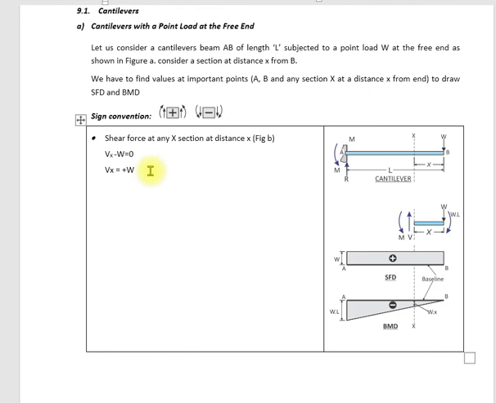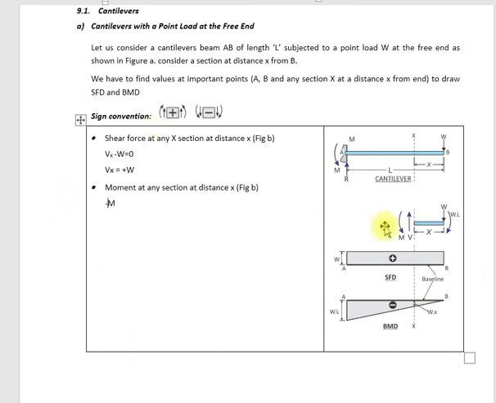Now we will see bending moment. Bending moment at any distance x would be, this bending moment M would be in the minus direction.